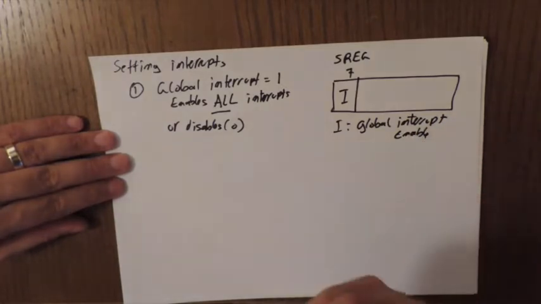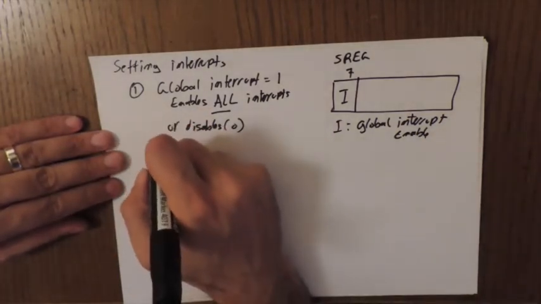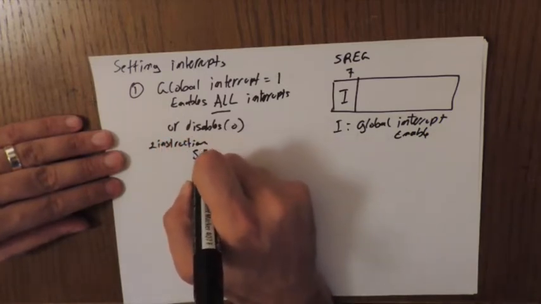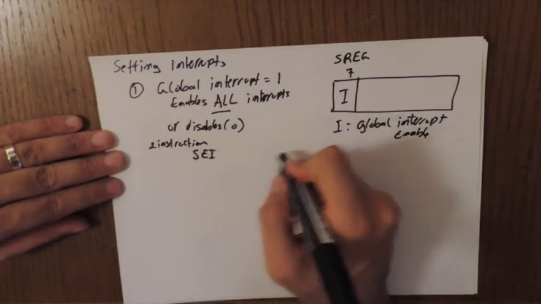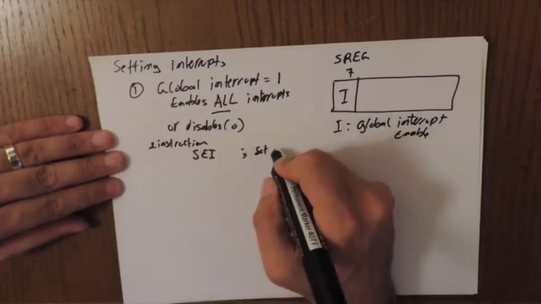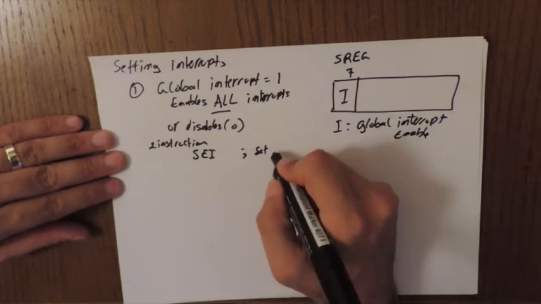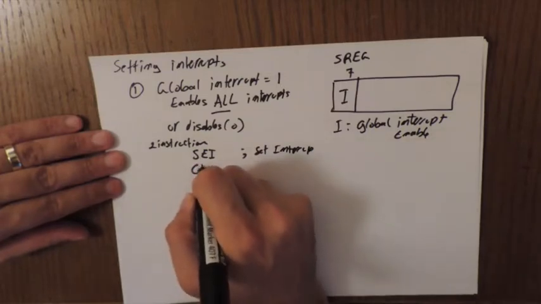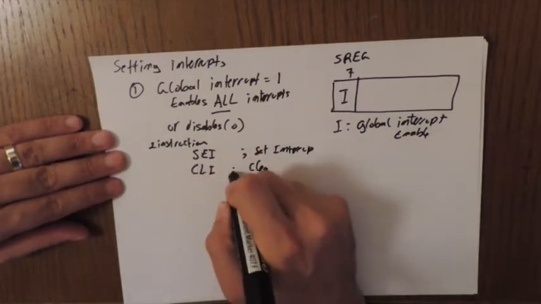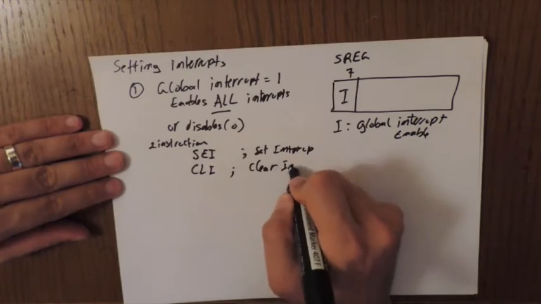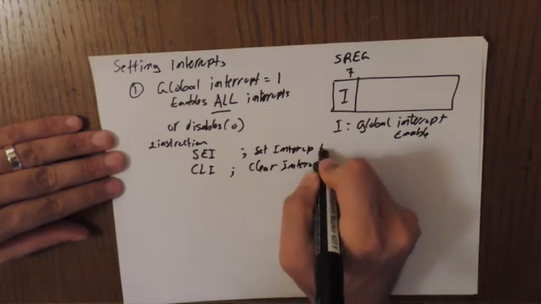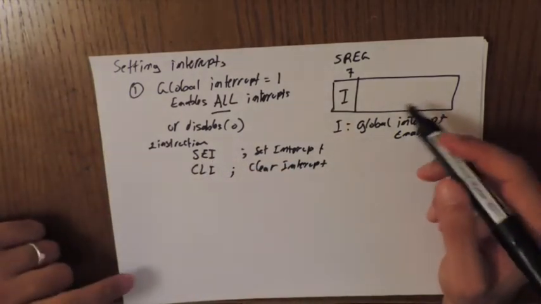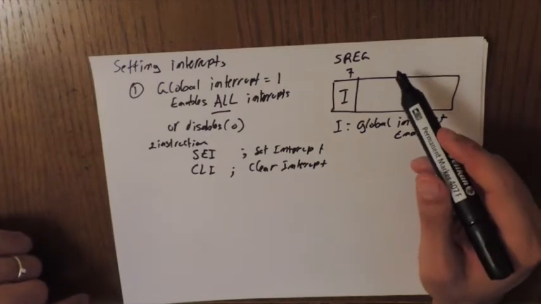I have two instructions to work with it. I have SEI, which means set global interrupt, and CLI, which means clear global interrupt. Remember that these don't take any parameters. They automatically know they are dealing with SREG bit 7.